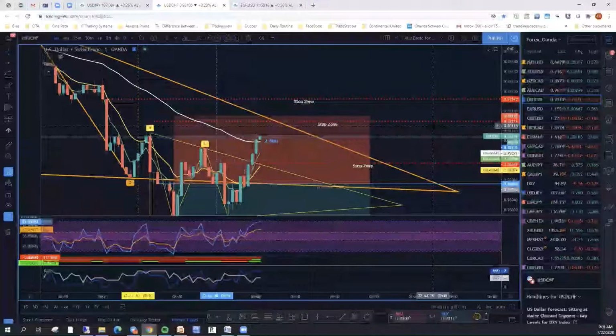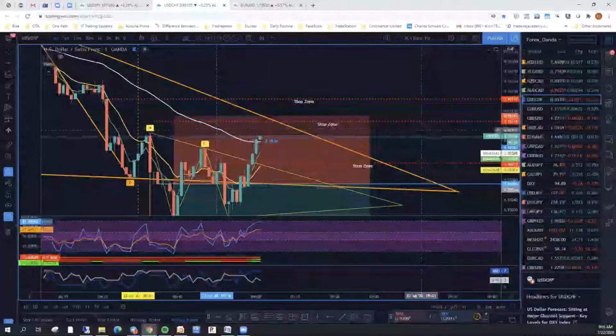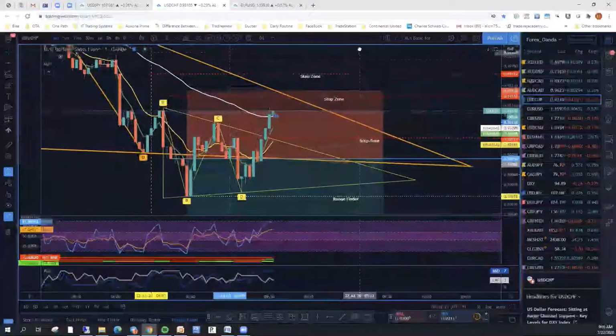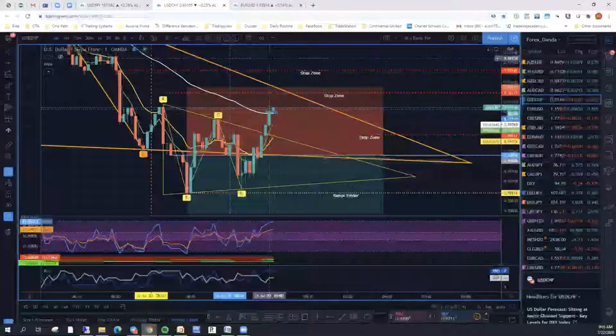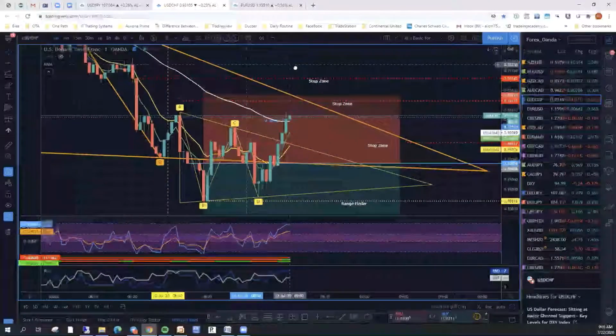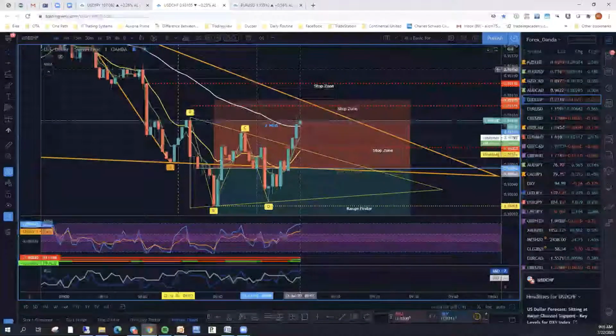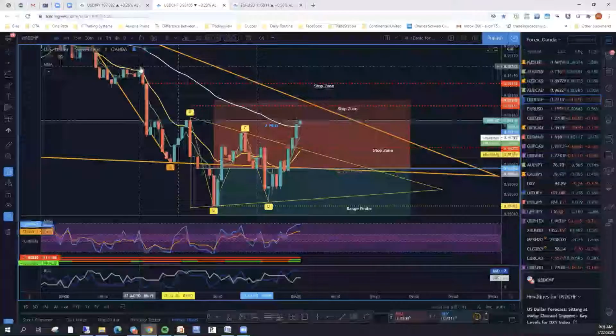That's the 1 minute 62 that it's trying to get by. It'd be interesting to see if it tags the wedge and then tags the 62 and goes down, or if that's the reversal point.